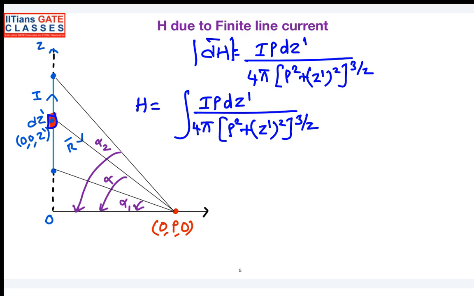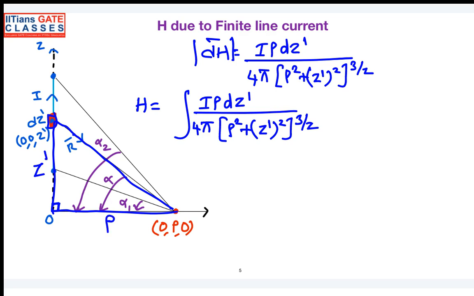To make the integration convenient, I will convert all this length in terms of angle so that it is easy for me to do. Now, all of you can see this particular triangle. In this triangle, there is a 90 degrees angle here, and you know that this length will be z prime and this length will be rho.